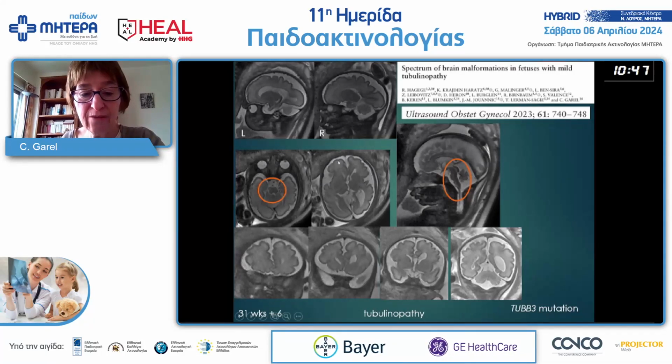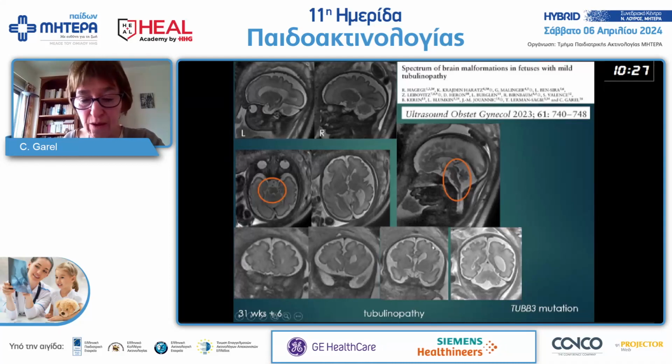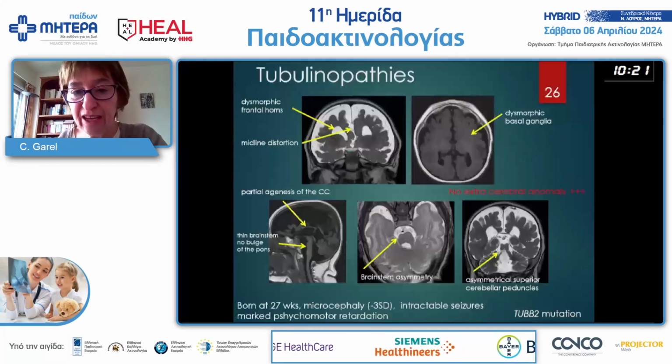And you recognize, of course, the distortion of the midline, the absence of a left olfactory sulcus and bulbs, and the dysmorphic left frontal horn with abnormal cortex, with a dysgyria, which is a cortical abnormality. It was related to a TUBB3 mutation.